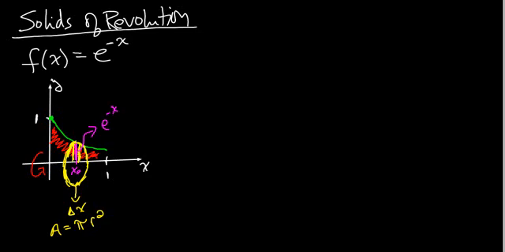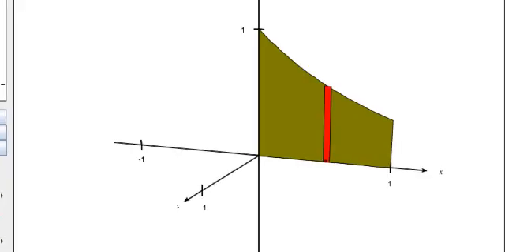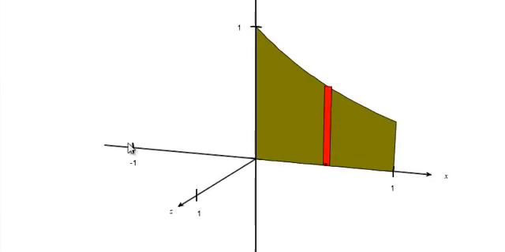Okay? And to see this a little clearer, let's pop this up. Here I have my graph, e to the negative x, and here is a little region. Right here would be my x naught, and we see the distance from there up to the graph is, of course, e to the negative x naught.